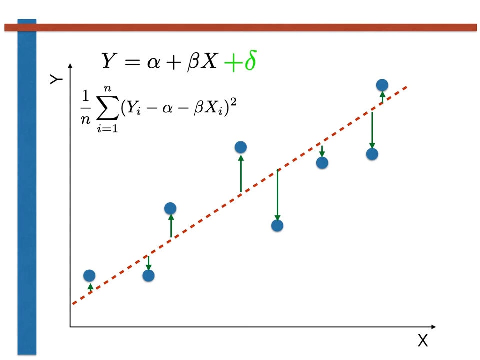Furthermore, notice that if we substitute the expression for y in place of the yi here, this expression reduces to an estimate for the average of the square of the random variable delta, just as the similar expression that we used in the method of least squares for determining estimators for the parameters of the distribution did.